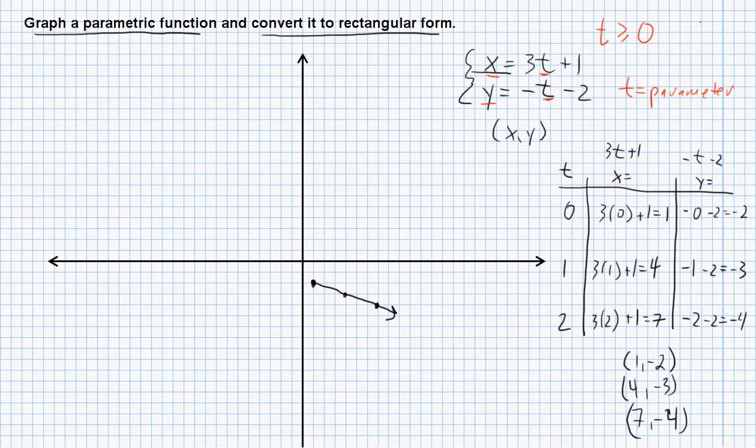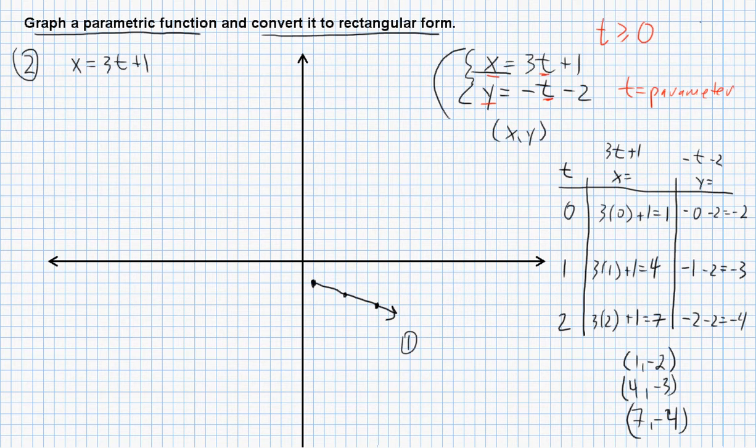Okay, so that is number 1, our graph of the parametric function. Part 2: we want to convert this whole parametric function into one single xy equation, which is the rectangular form. The way we do that is we take the x parametric equation, x is equal to 3t plus 1, and solve it for t.